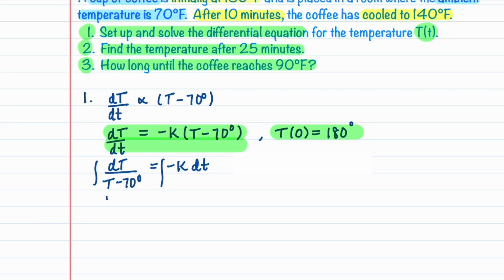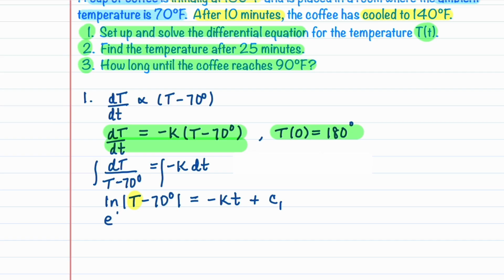On the left, we're going to get the natural log of the absolute value of T minus 70 degrees. And on the right, we get minus kt plus our arbitrary constant that I'm going to call C1. We want to solve for capital T, so we need to exponentiate both sides of the equation, and that'll get the T out of the natural log.